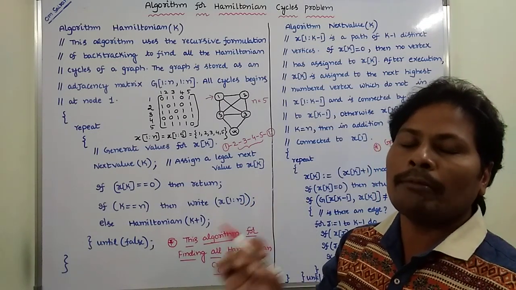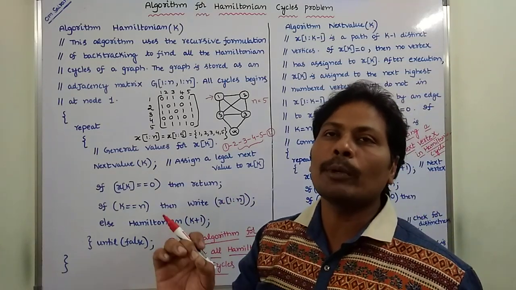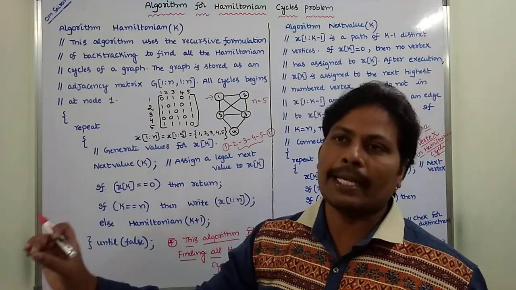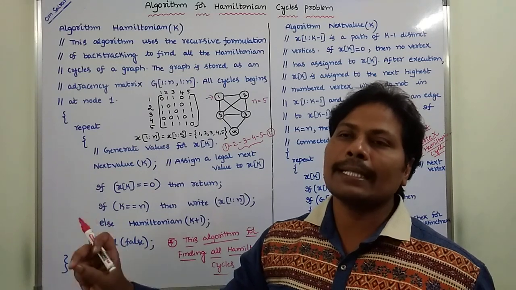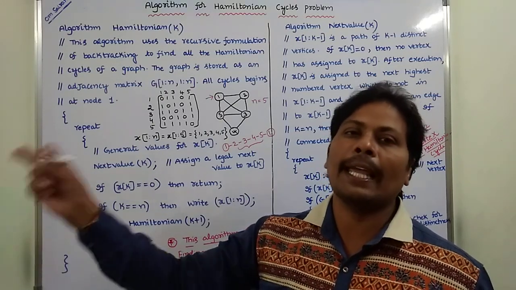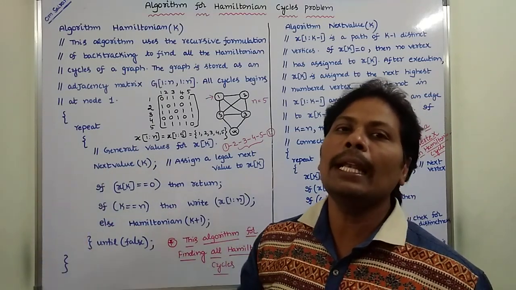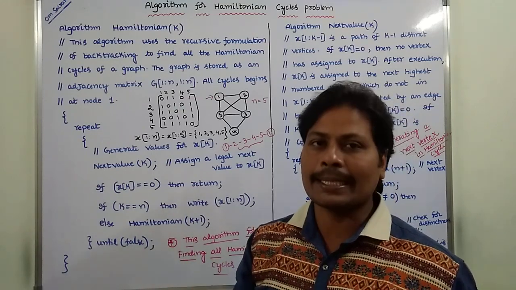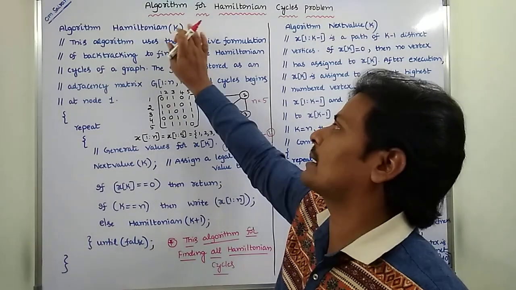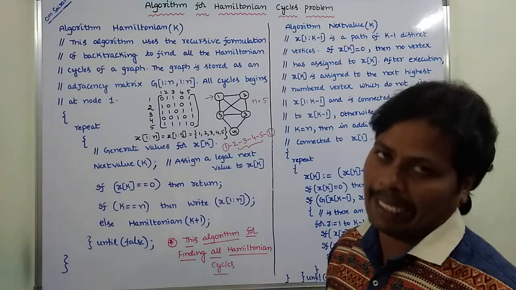In the solution vector, one Hamiltonian cycle is present. To access each and every vertex in the Hamiltonian cycle, we need an index. That index is represented by capital K.